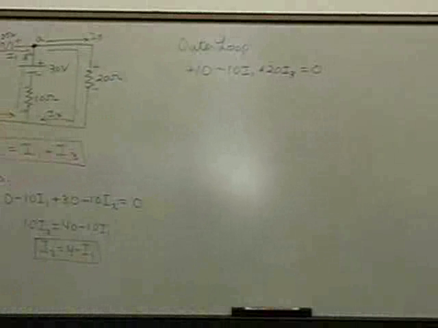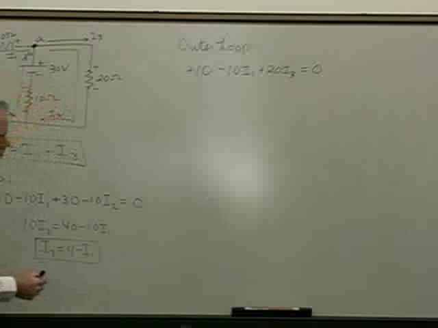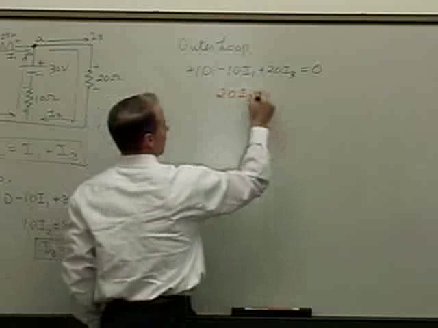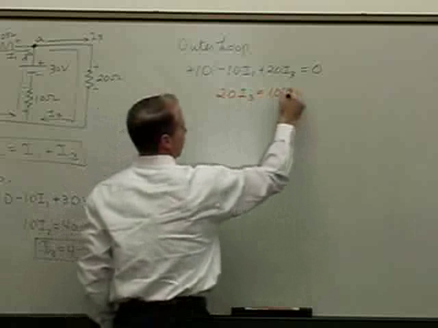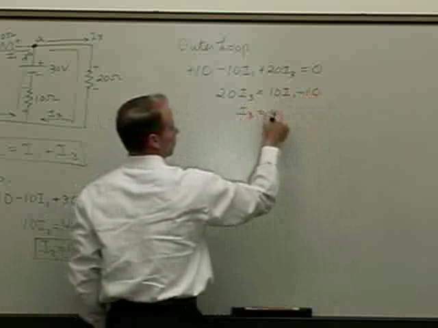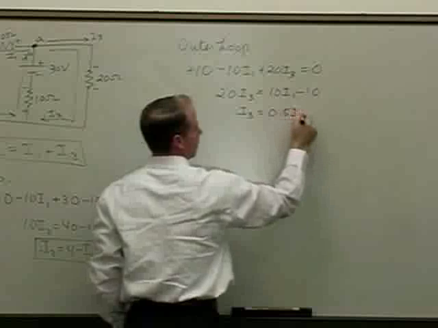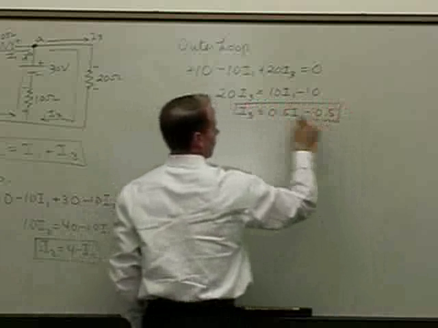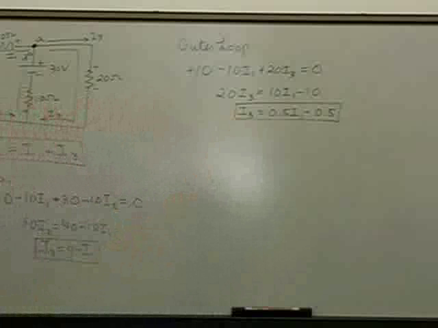Just walk all the way around this outer loop. Solve for I3: 20 I3 is equal to 10 I1 minus 10, or I3 is equal to 0.5 I1 minus 0.5. That's right.